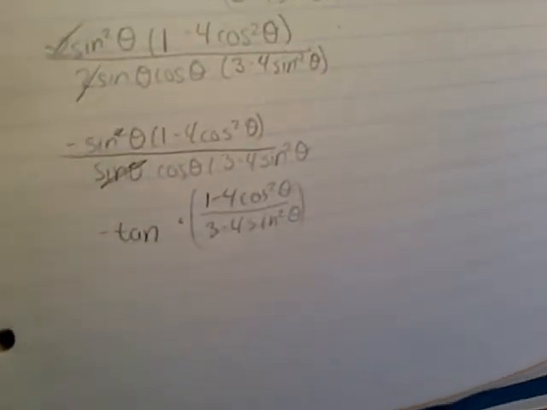Well, not quite. So then what we're going to do is we're going to put some work on the side. And we are going to want to factor out a 4. Wait, so the bottom stays the same, so sine squared theta.